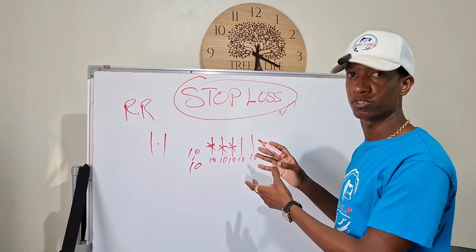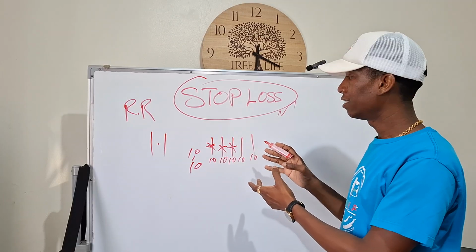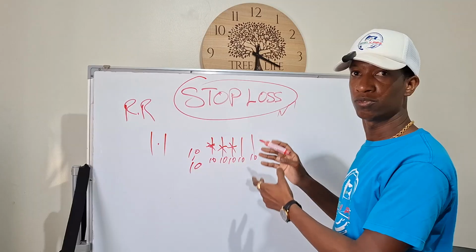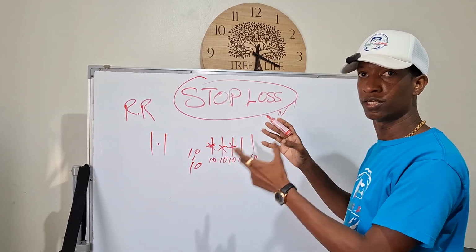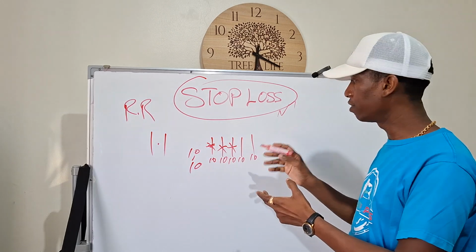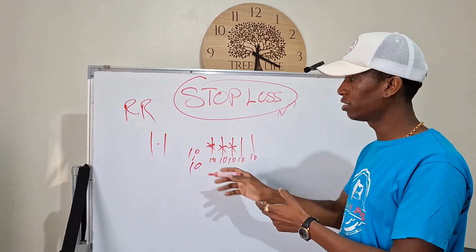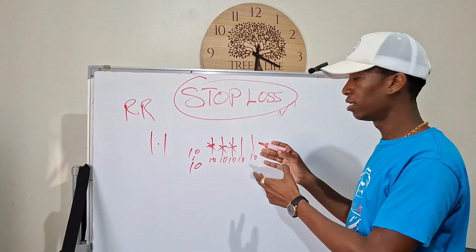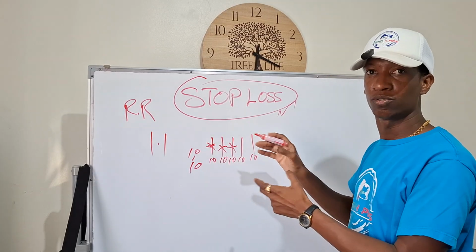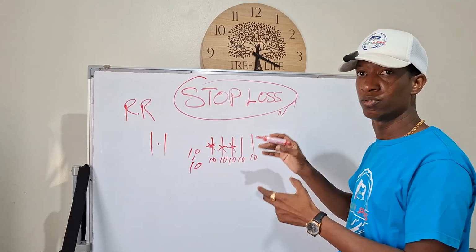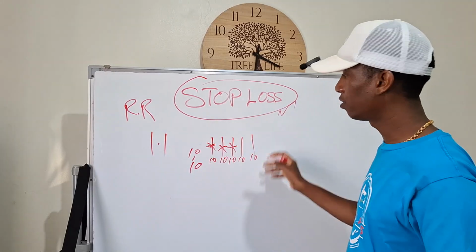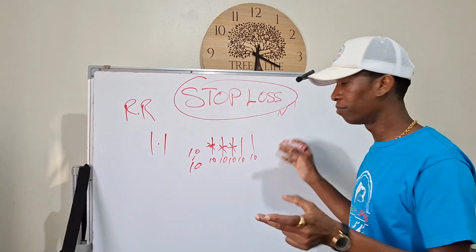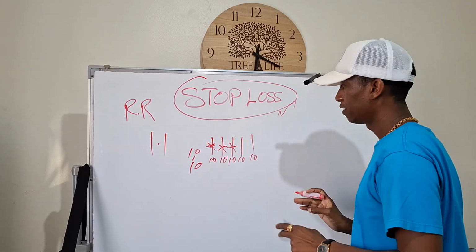You don't have to win more trades than you lose to make money. You will not win more trades than you lose, especially with the strategies you're using and the education you're applying. And even if you're winning more trades than you're losing, whenever the market goes wrong and you suffer a whole losing streak, you're actually going to blow up. You're going to have much more losses and you're going to lose a lot.